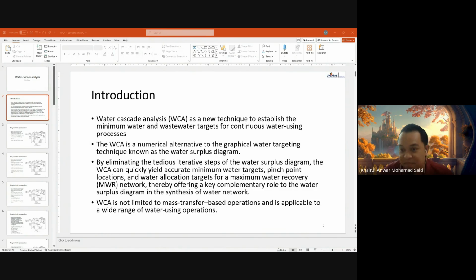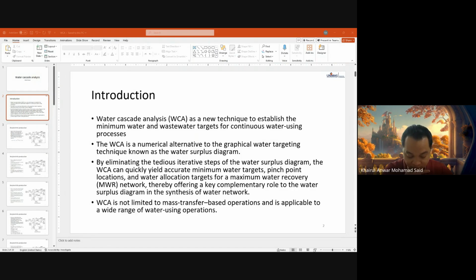So the answer. The first one is they can handle multiple contaminants. Yes, they can handle multiple contaminants, although it's not part of the scope of this class.